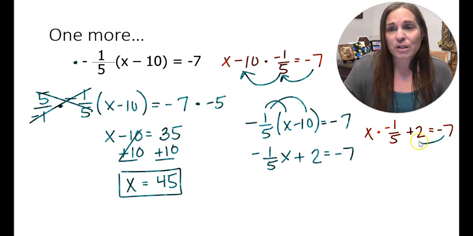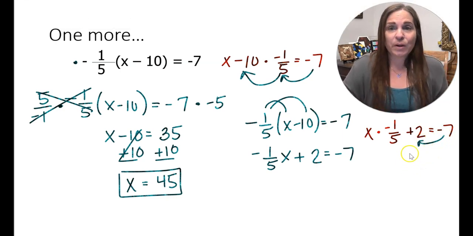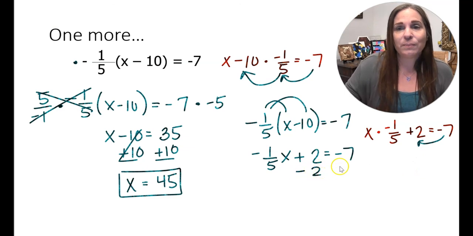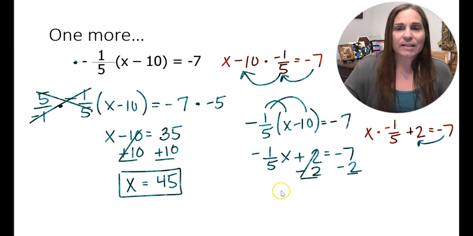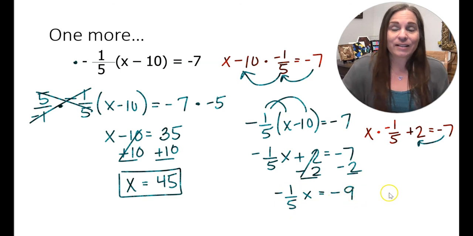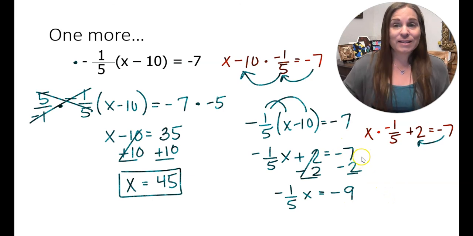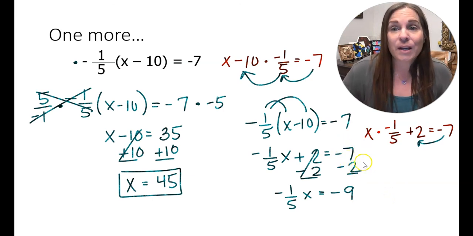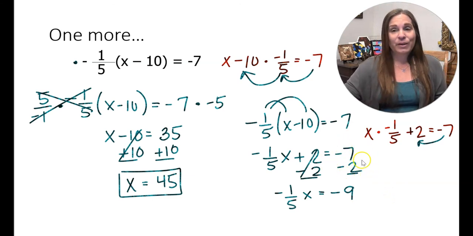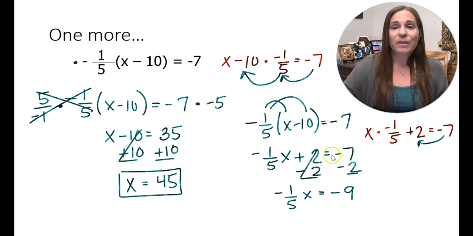So the first thing I would undo would be the adding 2 part, so I would subtract 2. And that's -1/5 x equals -9, right? -7 minus 2 is the same thing as -7 plus -2, right? You can always look at it that way.